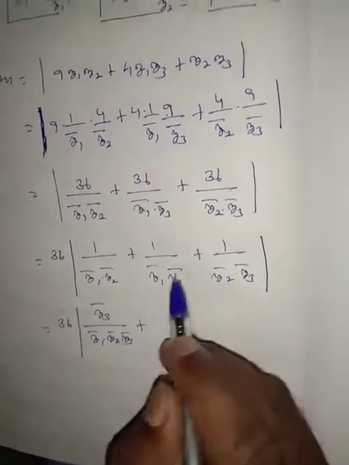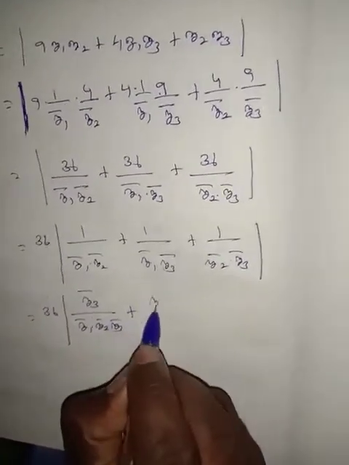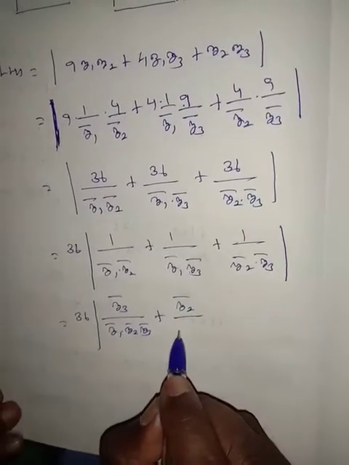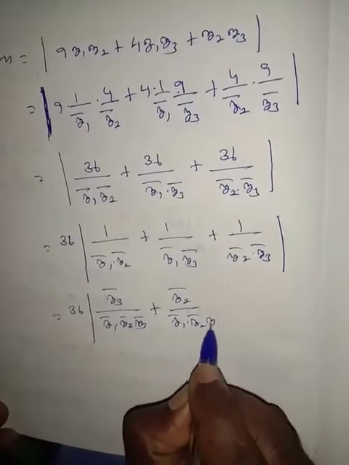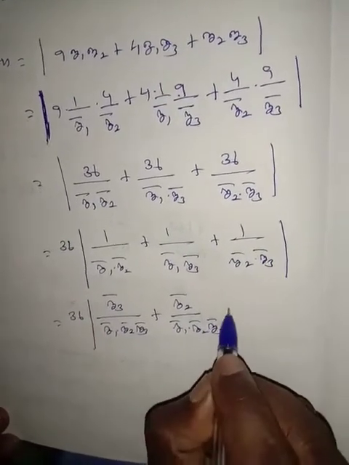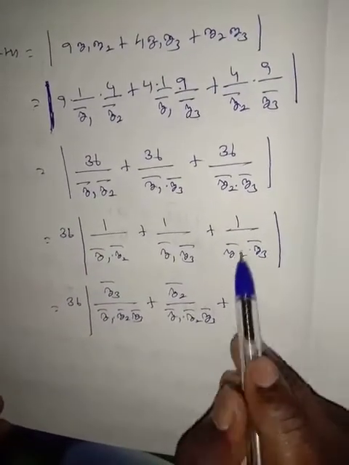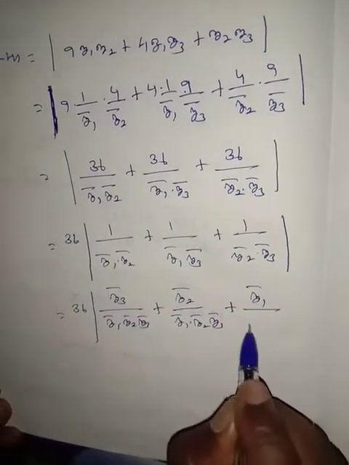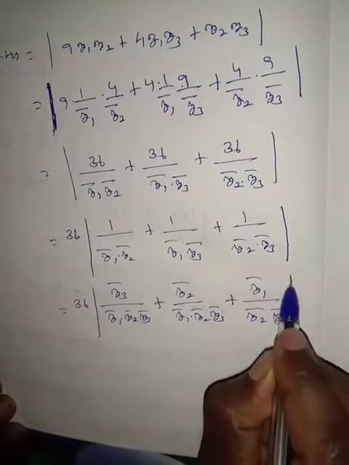For the second part, multiply numerator and denominator by Z2 bar. For the third part, multiply numerator and denominator by Z1 bar, giving Z1 bar over Z2 bar Z3 bar.